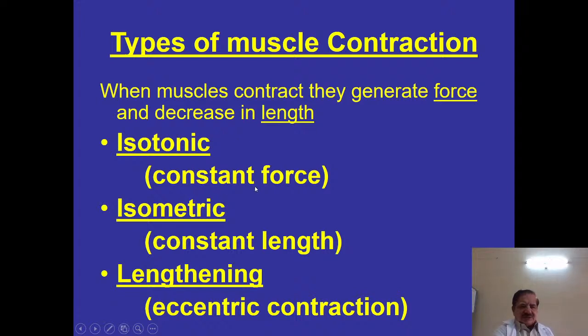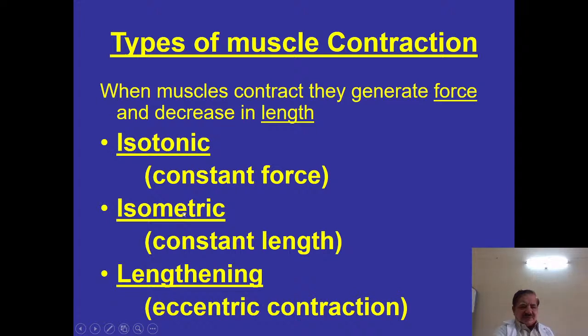That is isotonic, constant force. Iso means same, tonic means the force, or tone of the muscle, remains the same, but contraction of the muscle will be there.